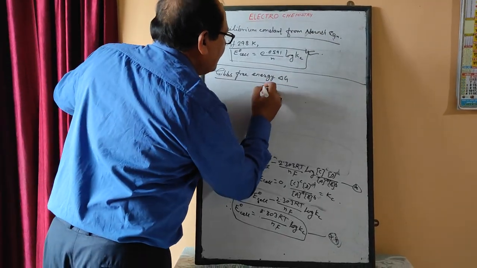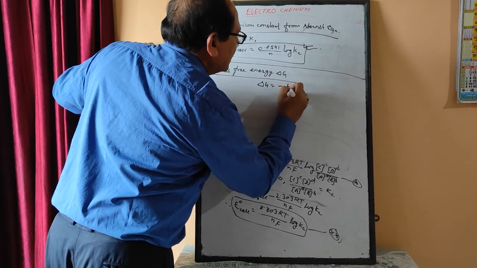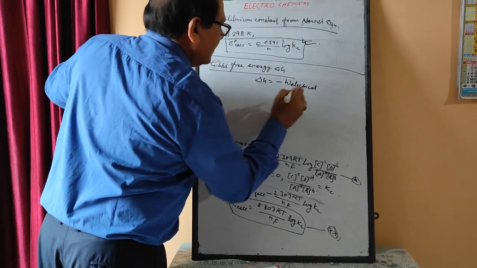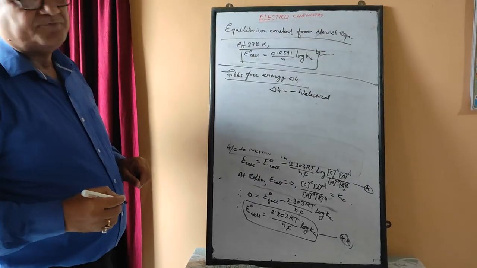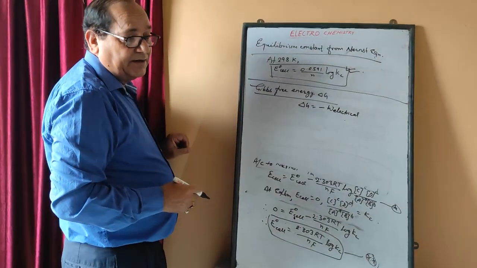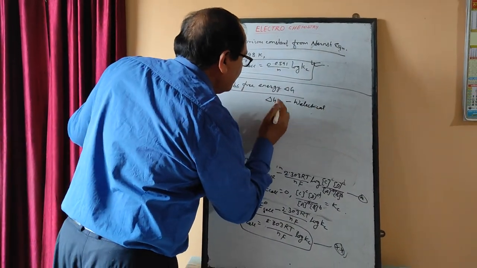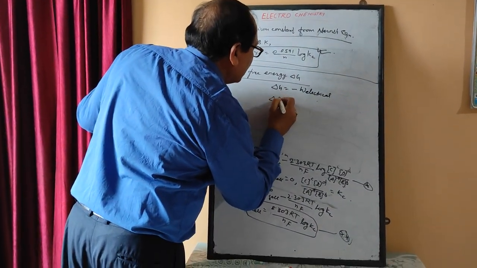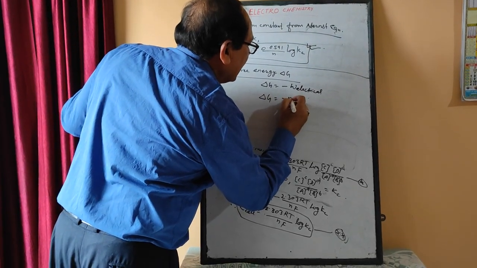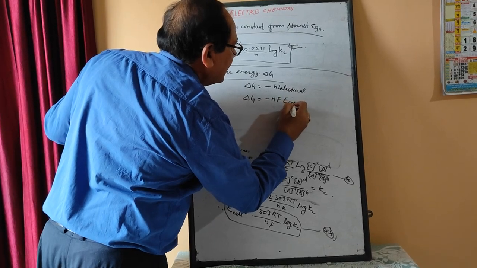Therefore mathematically delta G is equal to minus W electrical. Electrical work is equal to charge times potential, so delta G is equal to minus nF E cell.